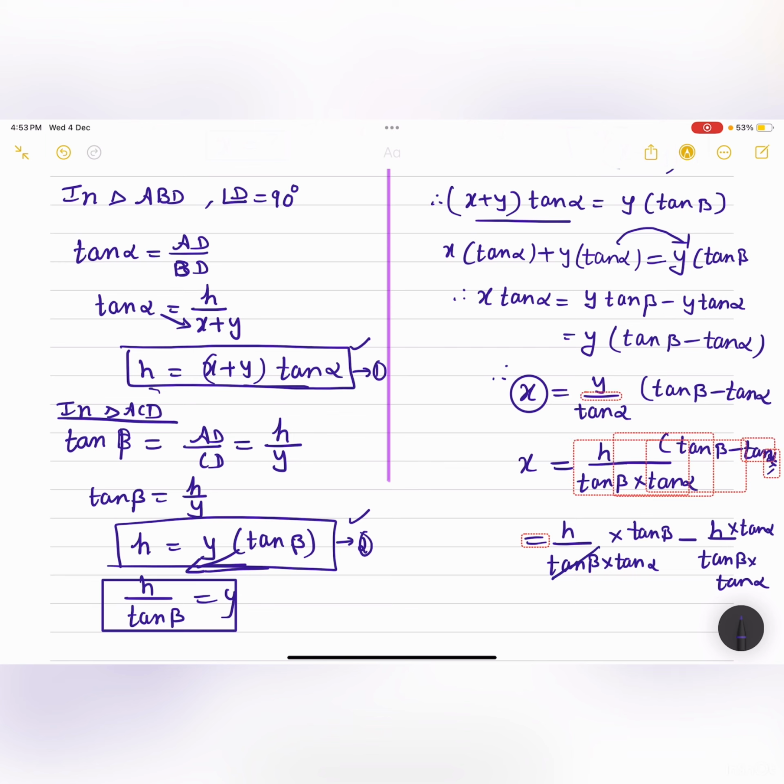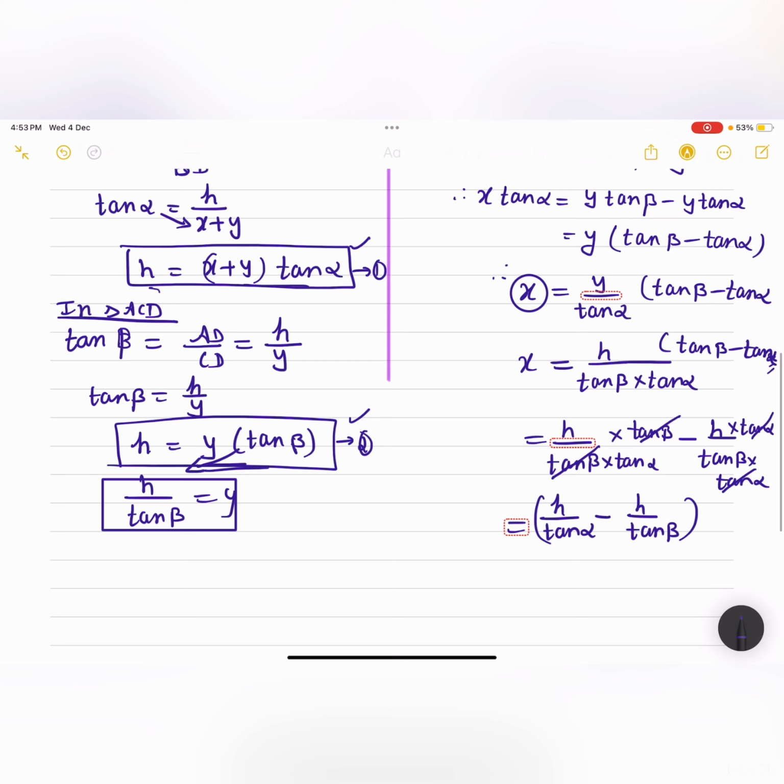Now tan beta and tan beta get cancelled. Here tan alpha gets cancelled. So we have h by tan alpha minus h by tan beta. So this is our value of x, the distance between the two objects.